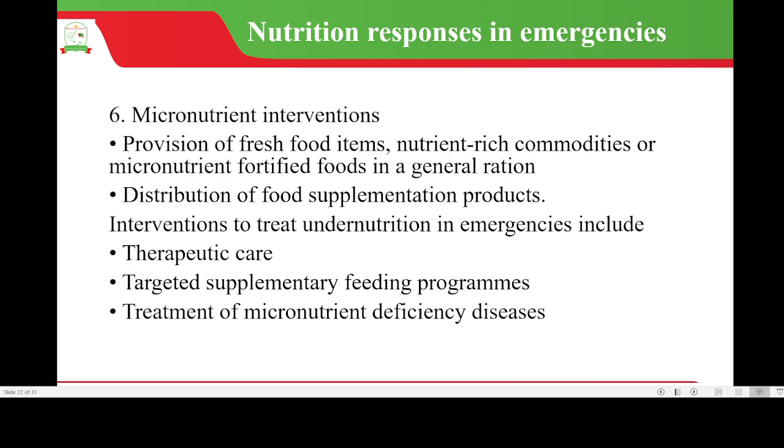Also the distribution of food supplementation products. All these amount to the micronutrient interventions. Then we have the interventions in order to treat undernutrition in emergencies. These include therapeutic care, targeted supplementary feeding programs, and the treatment of micronutrient deficiency diseases.